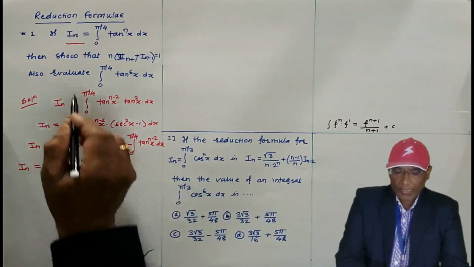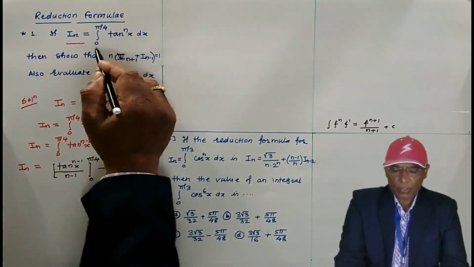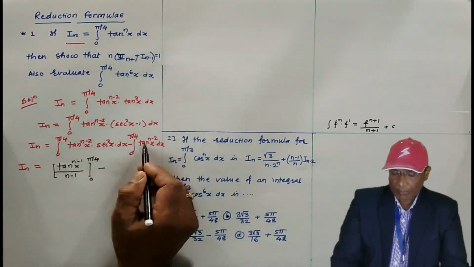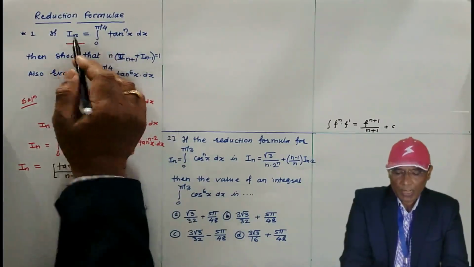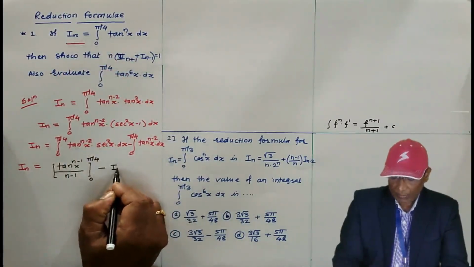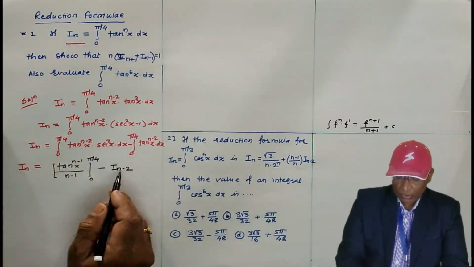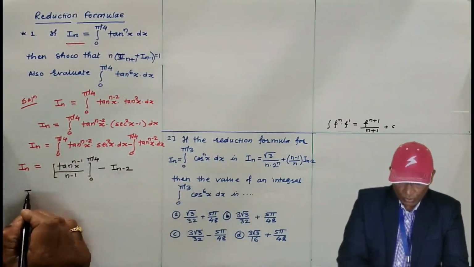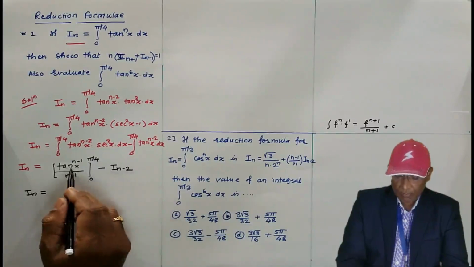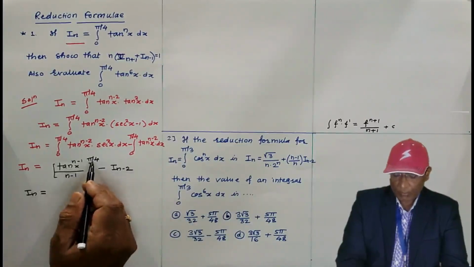Now In is tan power n for these limits. So tan power n minus 2 will be what? In minus 2. Here I am writing In minus 2. Now this In minus 2 keeping as it is, so put limits here. X equal to pi by 4.